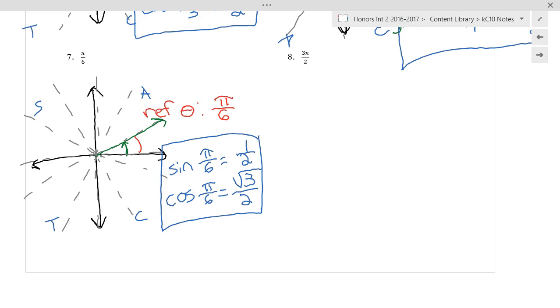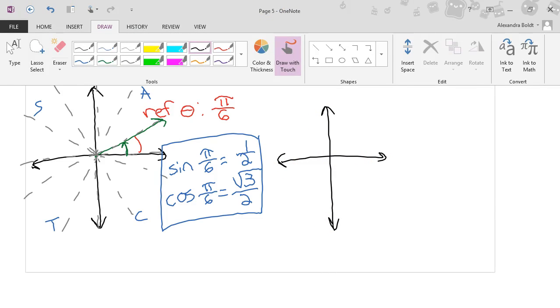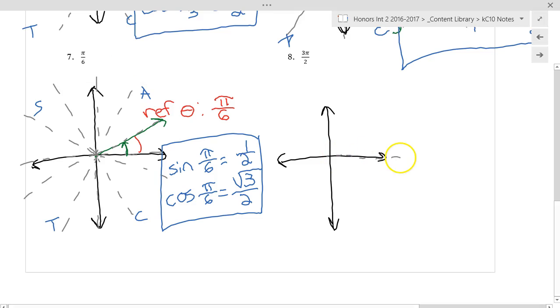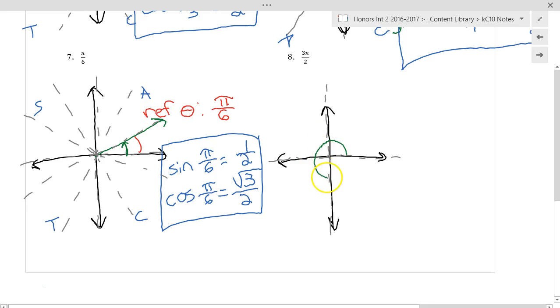Remember, A means all. Last one, 3 pi over 2. If I am cutting these in half, and I am just going along the axes, 3 pi over 2 is 1, 2, 3. My reference angle, I can go either direction. It's halfway in between, so it does not matter.